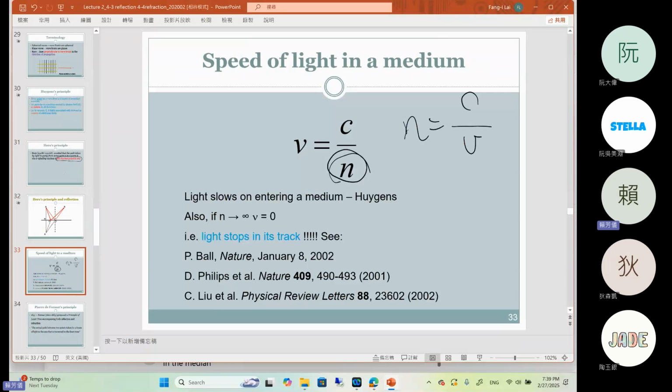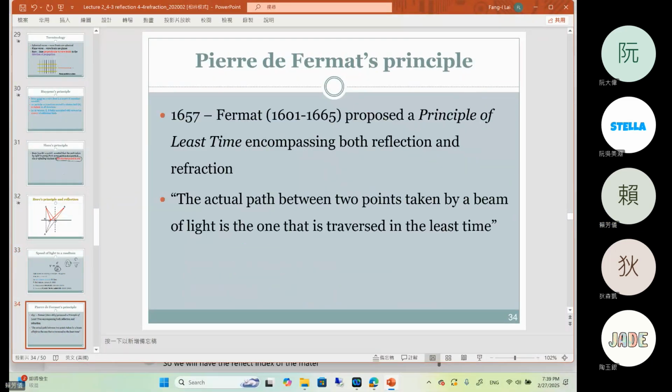The speed of light in vacuum will be different from that in any other medium. So we will have the refractive index of the material.